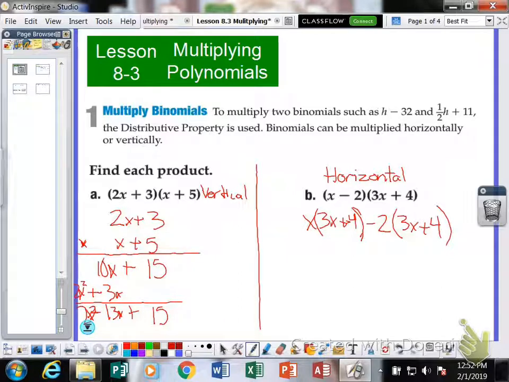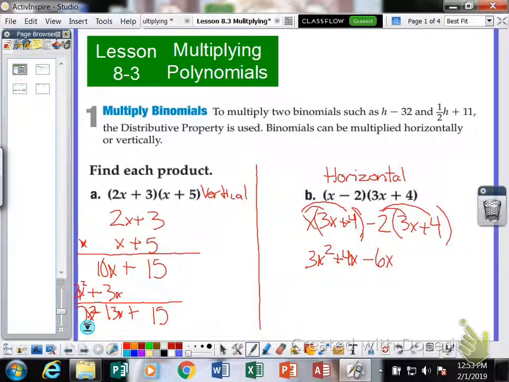Now just like we were doing in our last lesson, we just distribute and solve. So I'm going to distribute this x. My first parentheses, x times 3x is just 3x squared. X times 4 is 4x. And we have negative 6x. I'm distributing here.